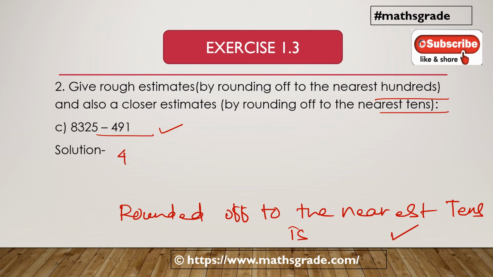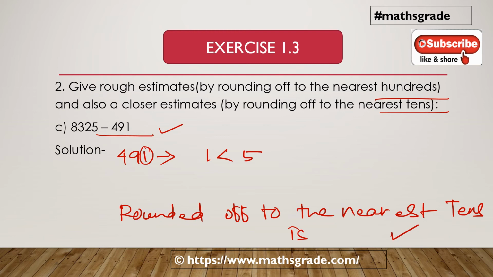Now 491, we round this number to the nearest 10. In 491, the unit place digit is 1. 1 is less than 5. So just write down 9 as it is and write down 0 in the unit place digit.